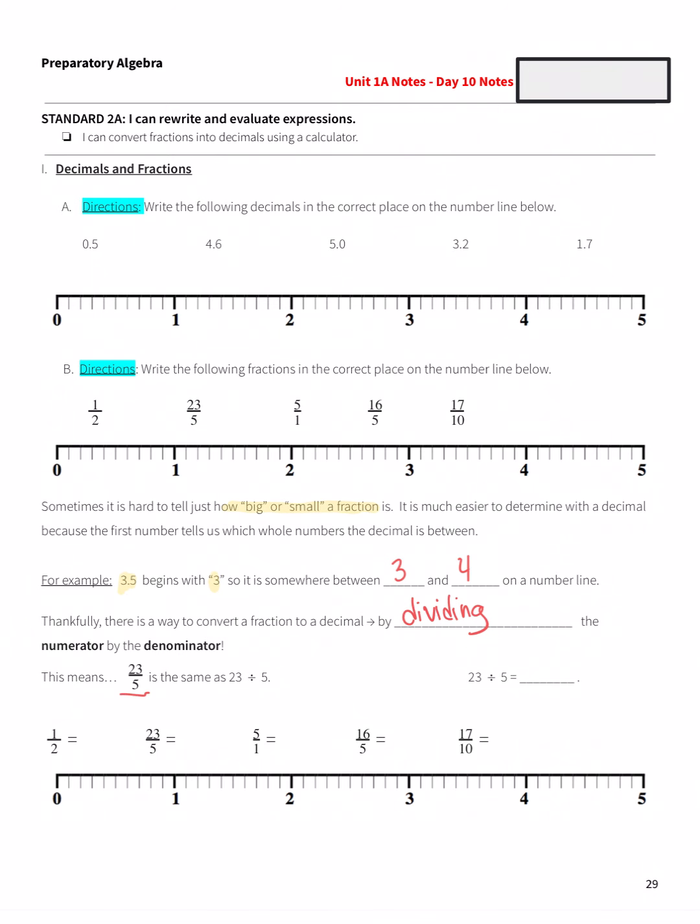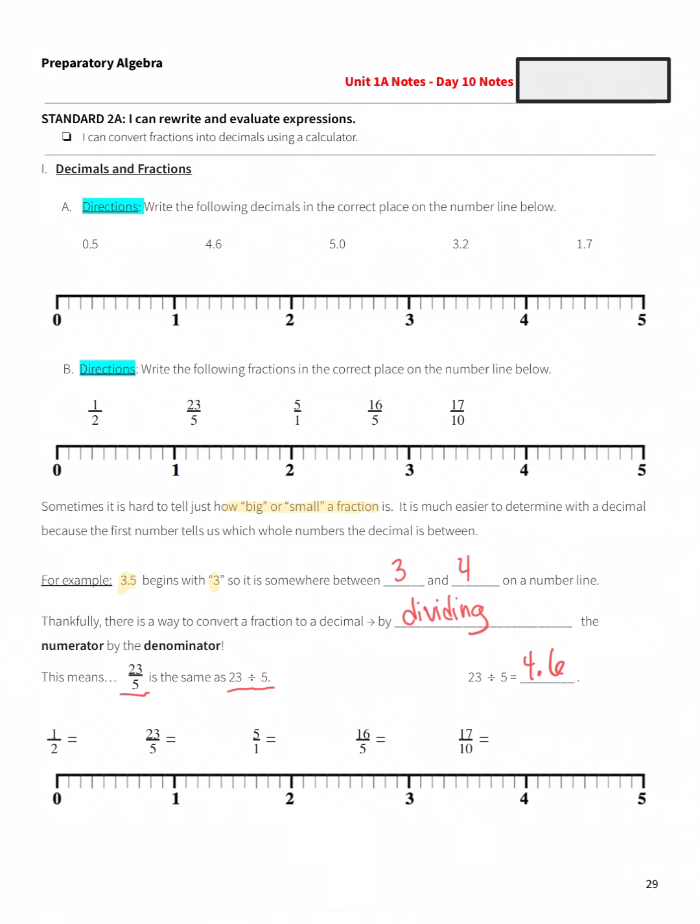In our calculator, we do 23 divided by 5, and 23 divided by 5 is equal to 4.6.